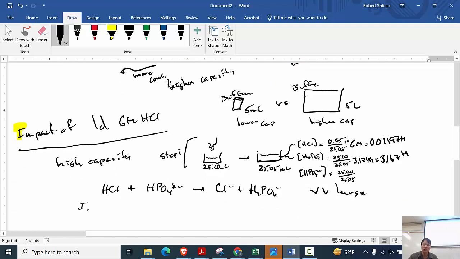It was 2.00 molar. So let's do that: a 25 divided by 25.05 dilution of 2 gives 1.996. If I didn't carry these extra sig figs, nothing changed. We started with 3.17 molar, we end up with 3.17 molar. We started off with 2 molar, we end up with 2 molar, if I round it. But I don't want to round this, I'm going to carry extra digits right now.